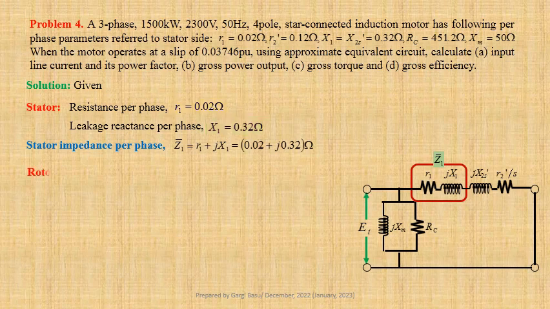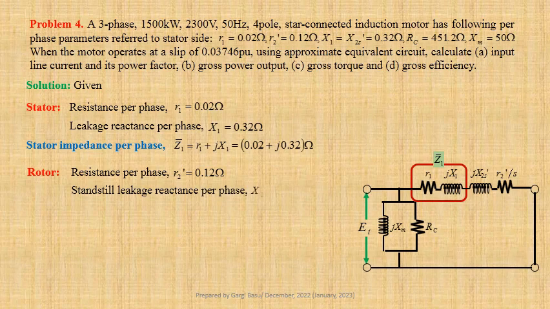For rotor winding, given resistance per phase referred to stator side R2' equals 0.12 ohm and standstill leakage reactance per phase X2S' equals 0.32 ohm.